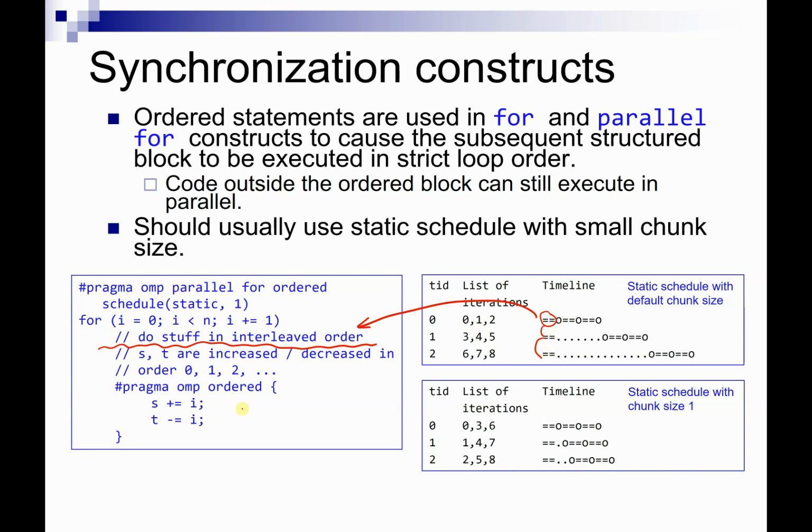However, the ordered part, that's what these circles are, has to be done in order. Because thread 0 has the first 3 iterations, you have to let thread 0 do the first 3 iterations. Only after thread 0 has finished its 3rd iteration can thread 1 do its 3 iterations, and only after thread 1 finishes can thread 2 do something.